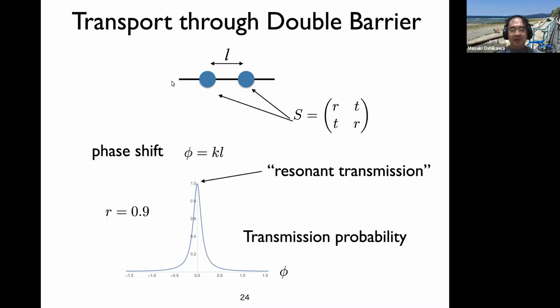But if you have incoming electron with certain momentum k, and if the distance between these two barriers is L, then the electron gains a phase shift k times L. So depending on the momentum of the electron, the interference becomes different. And this two barrier problem can be solved easily.